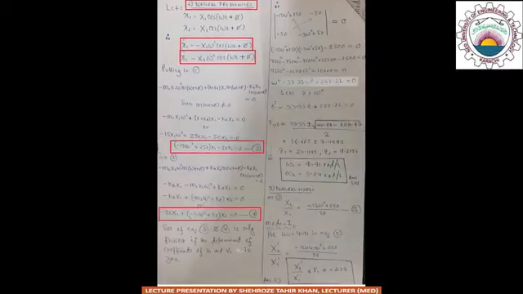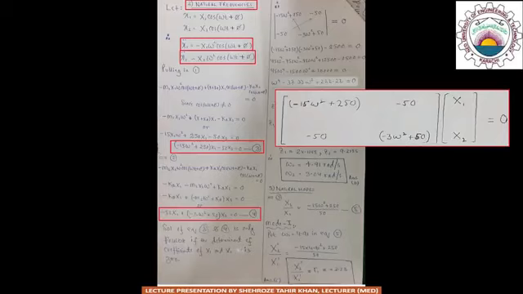Also, equations 3 and 4 can be written in matrix form as follows: matrix [minus 15 omega square plus 250, minus 50; minus 50, minus 3 omega square plus 50] multiplied by matrix [X1, X2] is equal to 0.